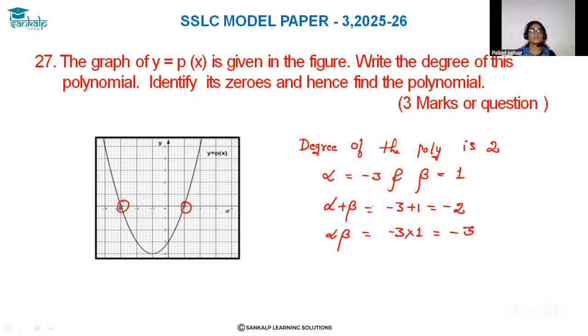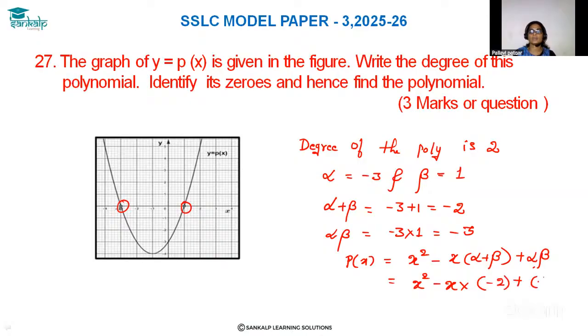So the required polynomial p of x. Okay, so the general form is x square minus x into alpha plus beta plus alpha into beta. So this is equal to x square minus x into alpha plus beta, which is minus 2, plus alpha into beta, which is minus 3.